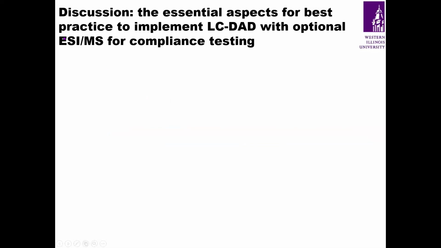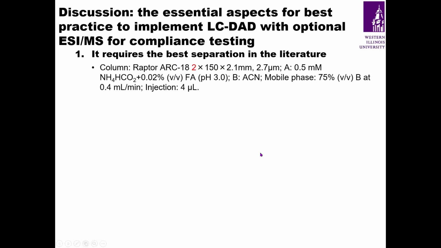Finally, let's discuss the essential aspects in practice to implement LC-DAD with optional ESI-MS for compliance testing. First, it requires the best separation in the literature, and here is what we recommend. The column, Raptor Arc-18 column, we use 2 of them connected consecutively.